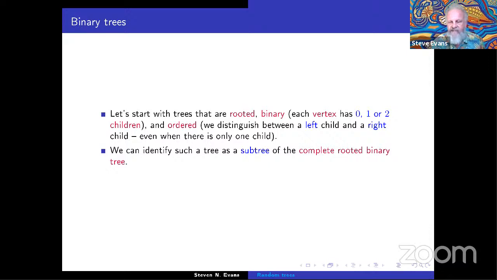Of course the vertices that have 0 children are the leaves. And they're ordered trees, so we distinguish between a left child and a right child, even when there's only one child. Such a tree we can identify as a subtree of the so-called complete rooted binary tree, which I'll describe on the next slide.